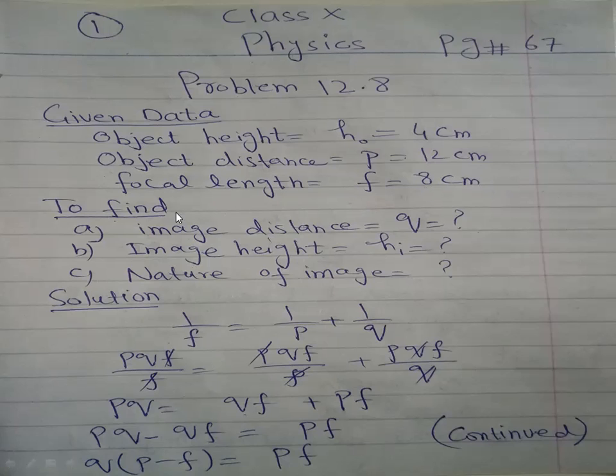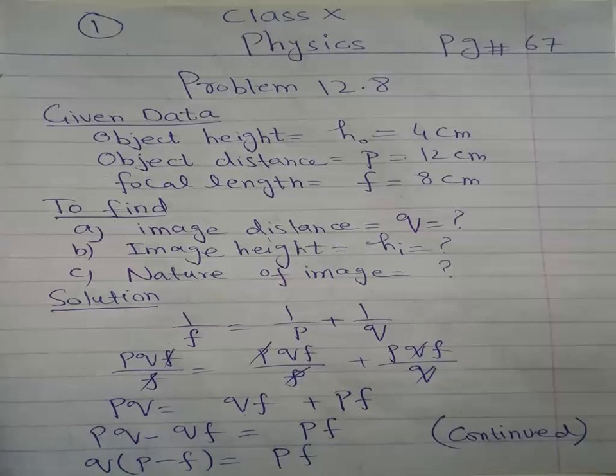In this numerical, I need to find the image distance, which is noted with q, and the image height, HI, and third, I will find the nature of the image. I will use, as I told you when we discussed this, 1 over f is equal to 1 over p plus 1 over q. This is called the mirror formula, which holds for both mirrors and lenses.